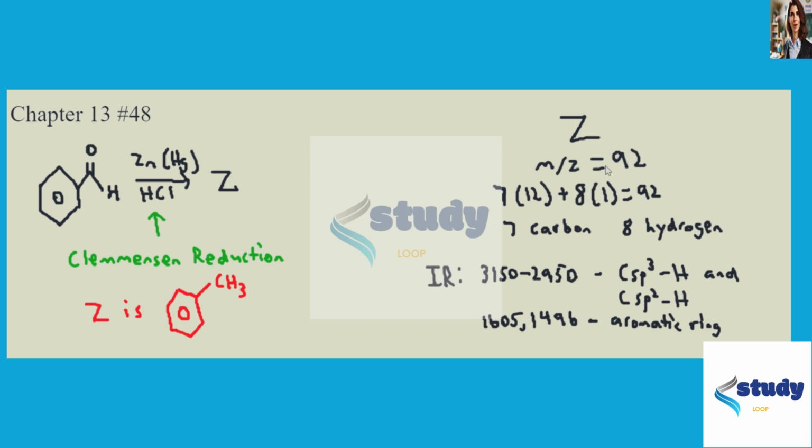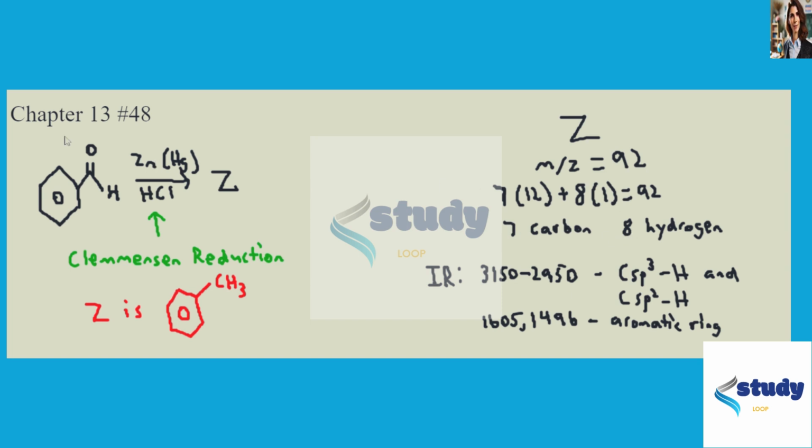And so 92 can be broken down into 7 times 12, 12, of course, being the atomic weight of carbon, plus 8 times 1. That equals 92. And so from that, we determine we have 7 carbons and 8 hydrogens.